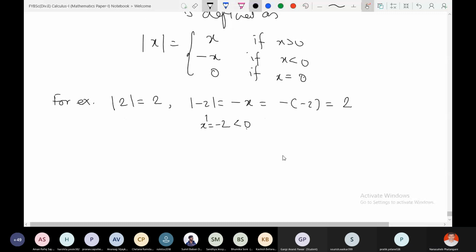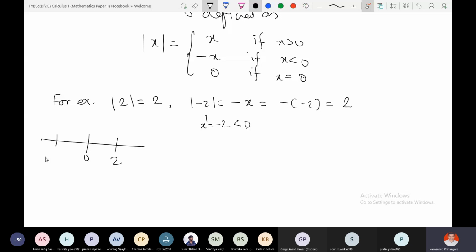So if you look at the real line, 2 is here and minus 2 is here. What is the distance of minus 2 from 0? What is the distance between 0 and minus 2? It is 2. And what is the distance between 0 and 2? It is also 2.